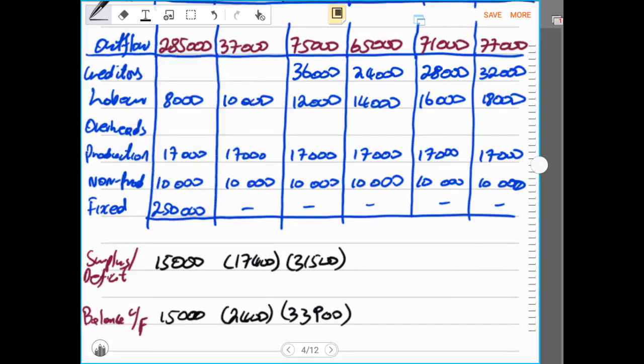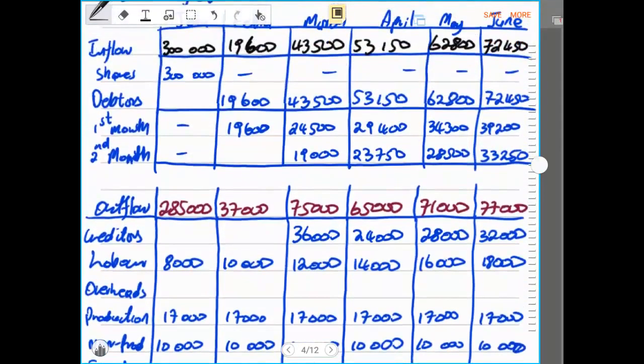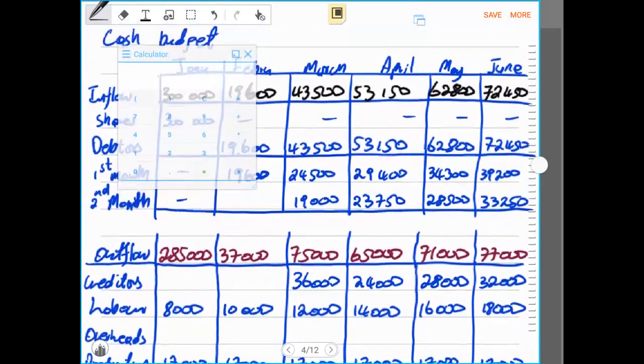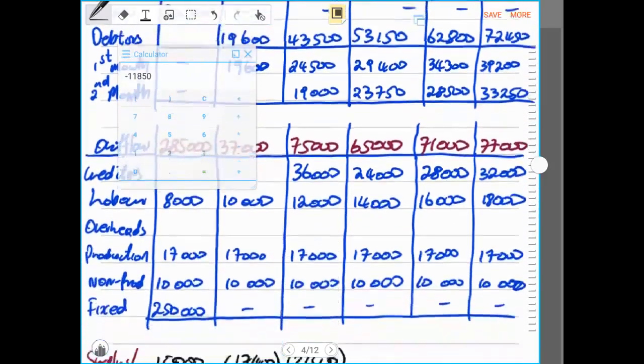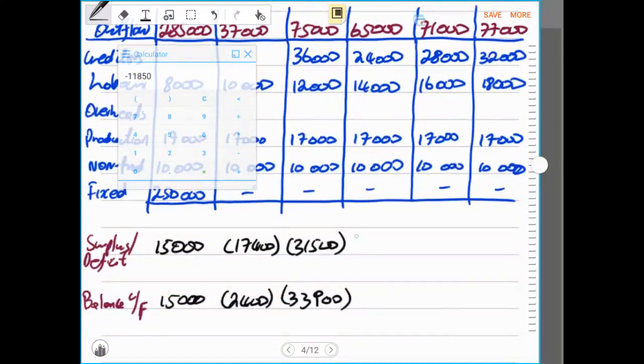Then after, once again, next month inflows 53,150 less 65,000. This gave us 11,850 as a deficit.